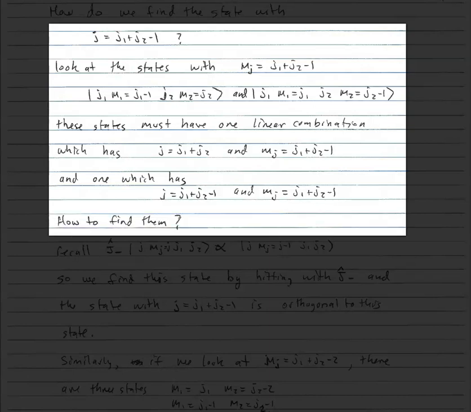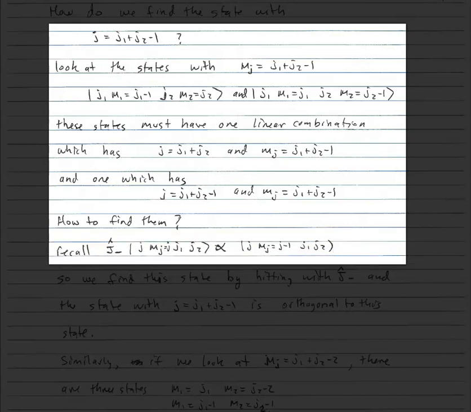So the question is now, how do we find them? Now, the only thing that we can use is the raising and lowering operator. That's the only thing that can convert from one state to another. So if I take that maximal mj state, j, mj equals j1 plus j2, and I hit it with a j minus operator, that is proportional to the state j, mj equals j minus 1.